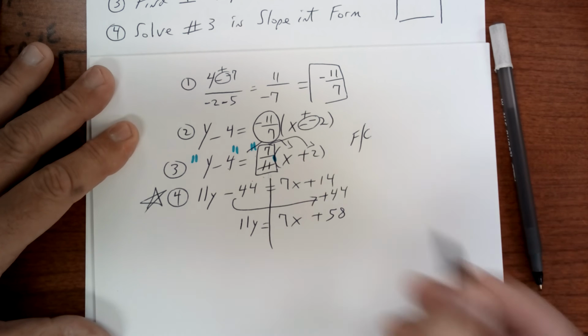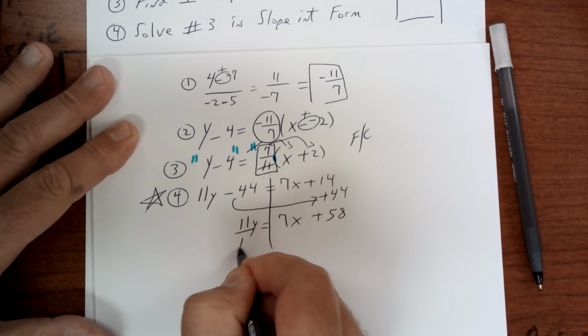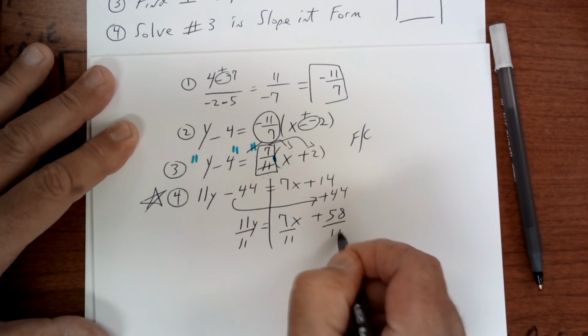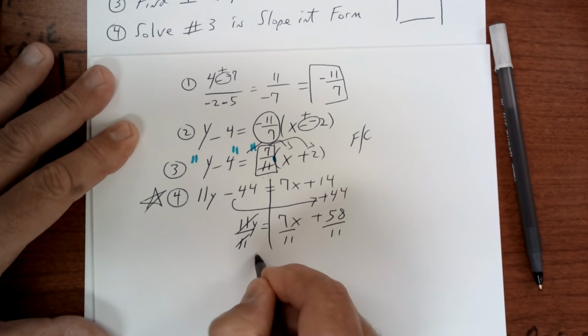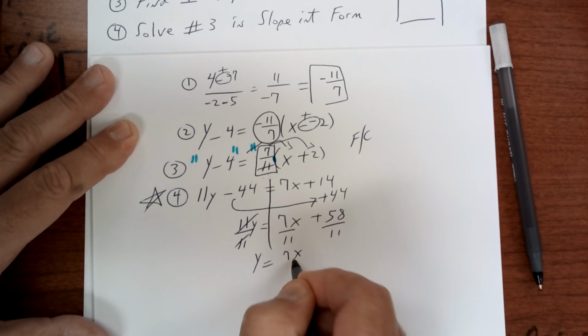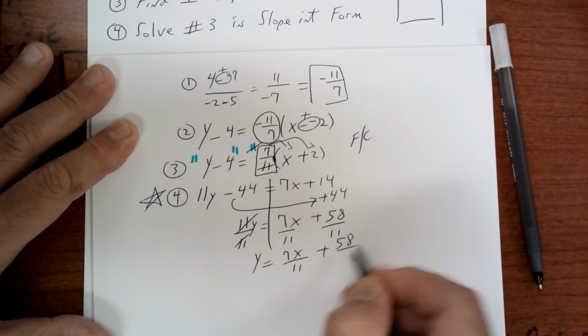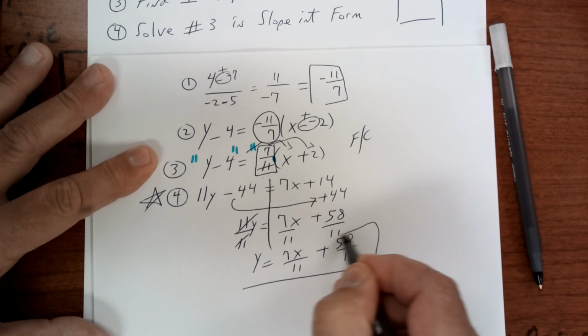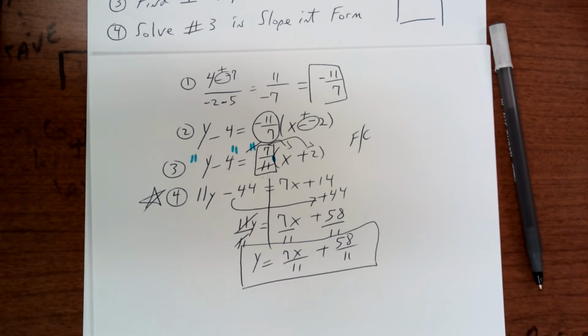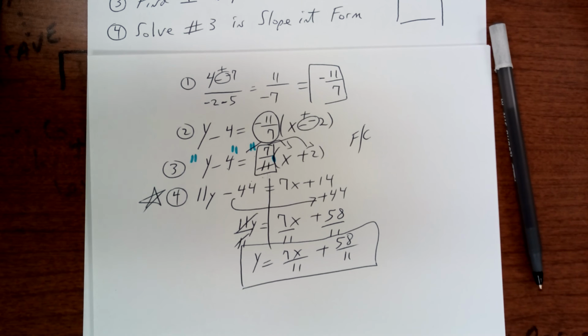And then finally divide by 11. And here's your answer. If you follow this little trick that I showed you by clearing the denominator, it will be much easier. You'll avoid fractions. All right, let's move on.